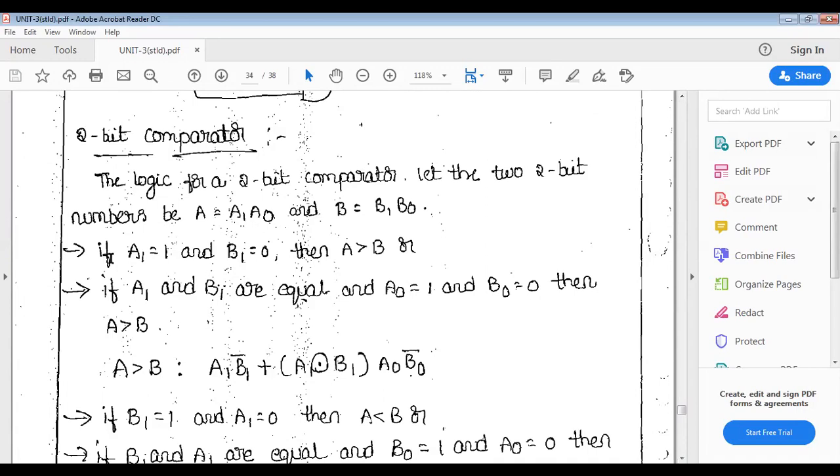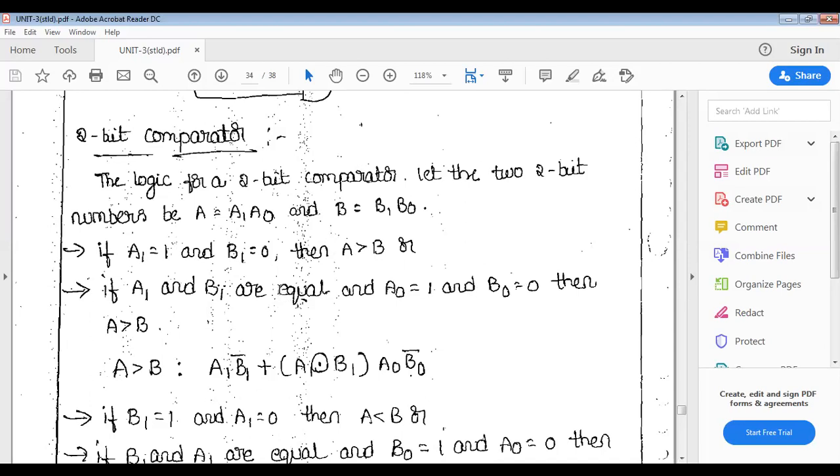First of all, if A1 is equal to 1 and B1 is equal to 0, meaning the A1 bit is high and the B1 bit is low, then A is greater than B. If these two bits A1 and B1 are equal, then we compare A0 and B0. You can see A0 is equal to 1 and B0 is equal to 0, so A0 is greater than B0.